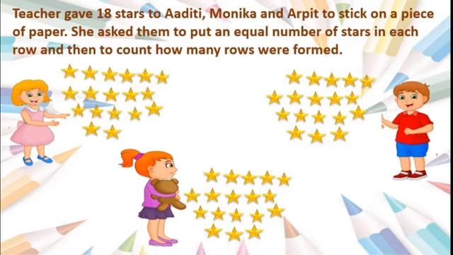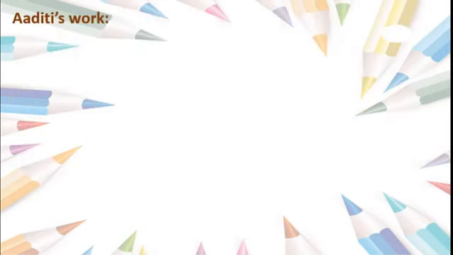And what is the condition? She asked them to put an equal number of stars in each row and then to count how many rows were formed. Okay, this is the condition. We will see the works of these 3 students. Okay, shall we move? Aditi's work, what she has done, we'll see.